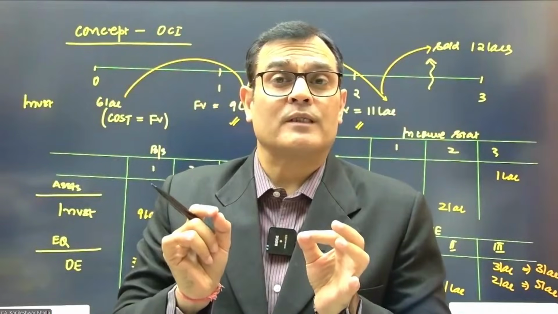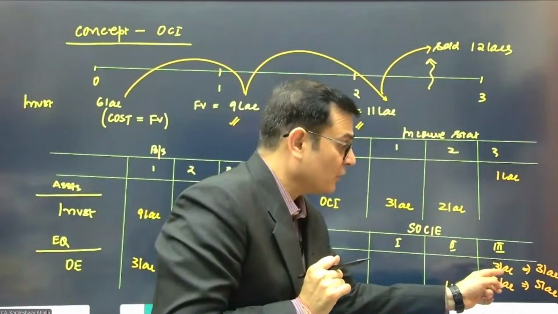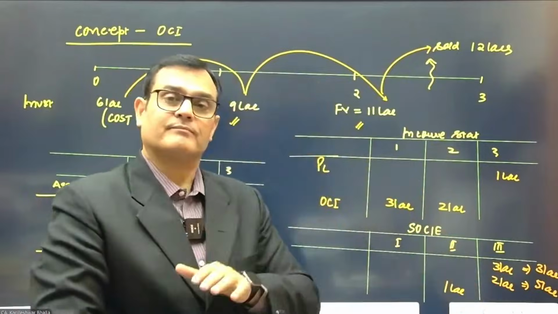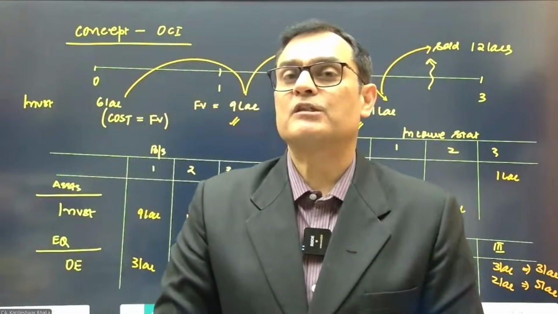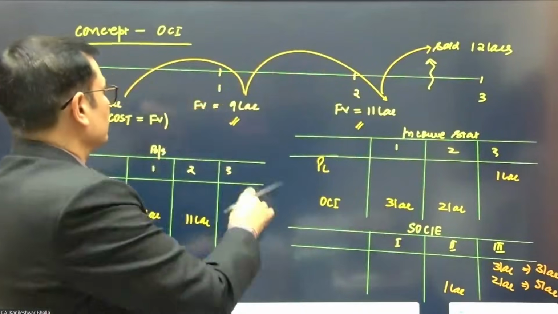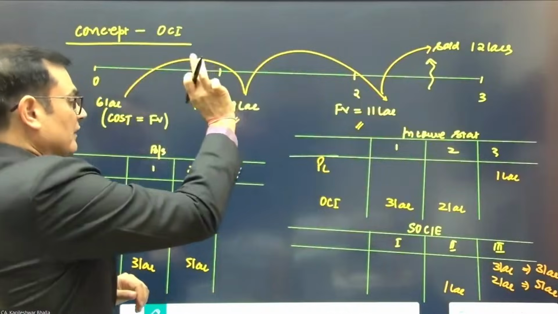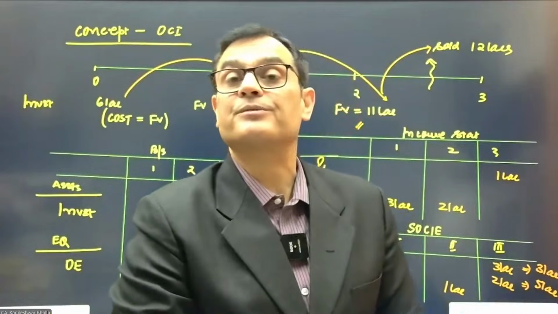Now the question that comes to mind is: did this 5 lakh rupees also get realized? You put that 5 lakh rupees which was unrealized till the investment was sold. But today when you sell the investment, isn't the difference between 6 and 12, the entire 6 lakh, realized in nature? Yes.